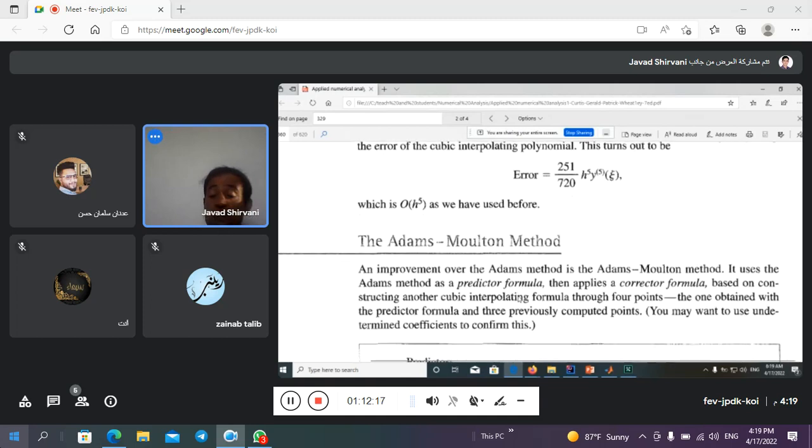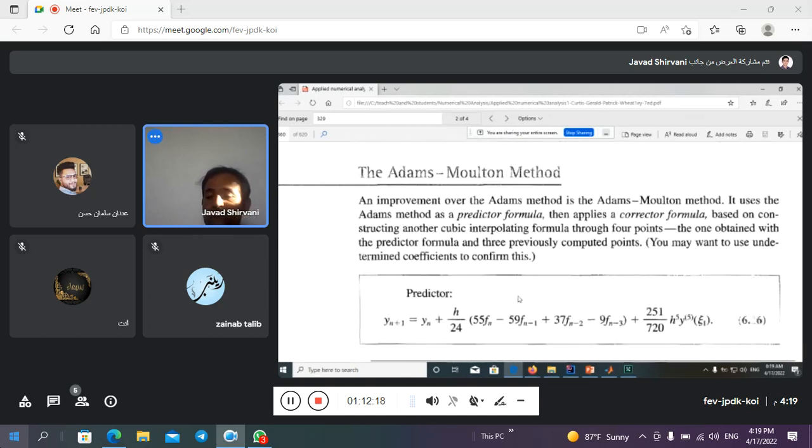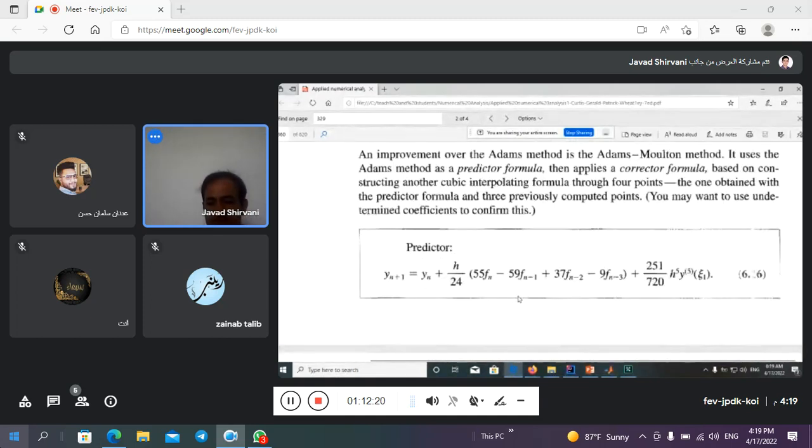Let us see the predictor, which equals the previous one. Yn plus 1 equals Yn plus h over 24 of the parenthesis 55 Fn minus 59 Fn minus 1 plus 37 Fn minus 2 minus 9 Fn minus 3.